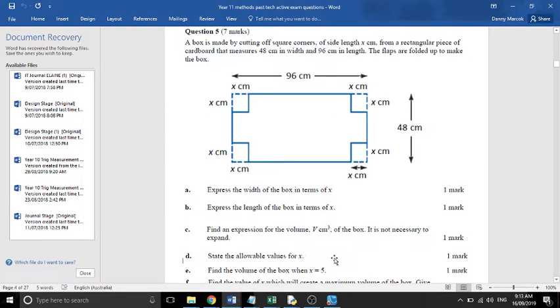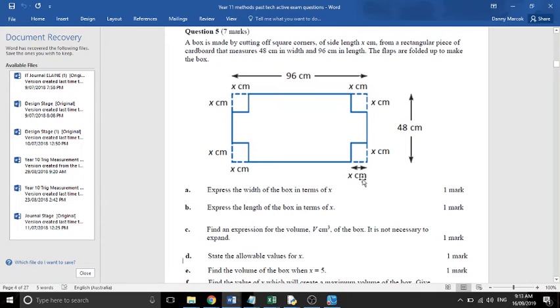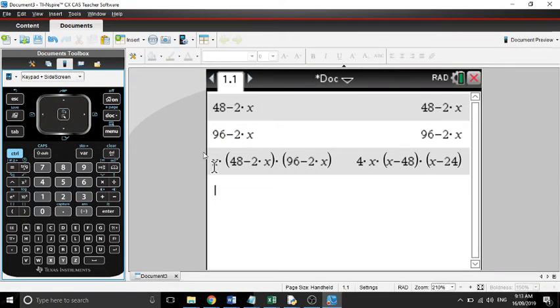State the allowable values of X. Basically, what they're asking for there is the domain, because there are going to be some values of X you can't have. So let's have a look at what they might be. Let's define V of X equals this.